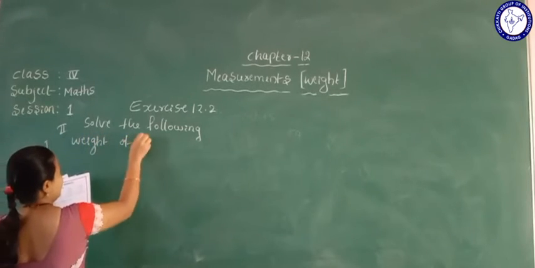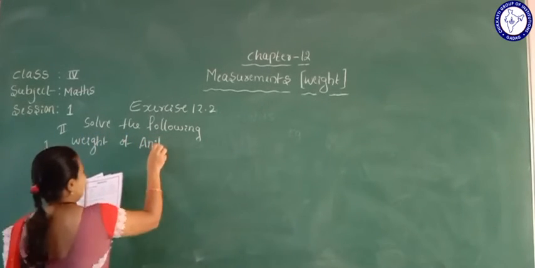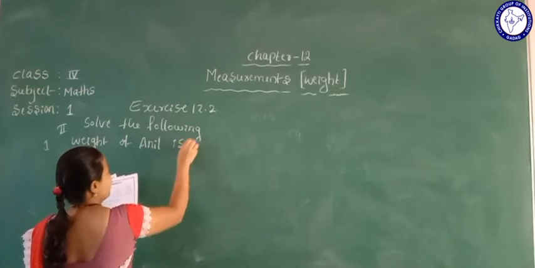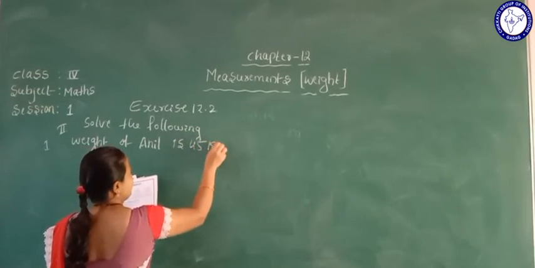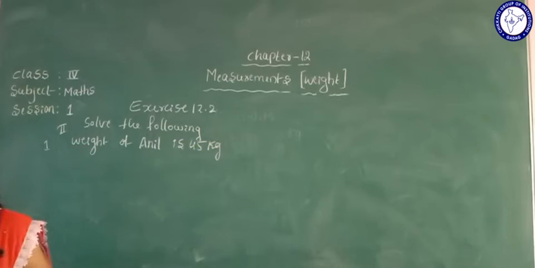Weight of Anil is 45 kg. Anil has 45 kg.